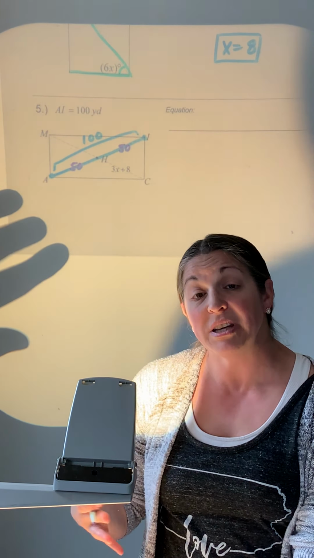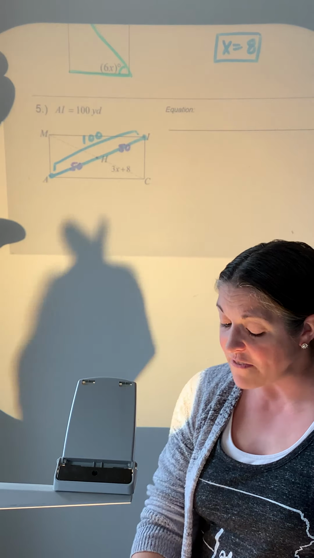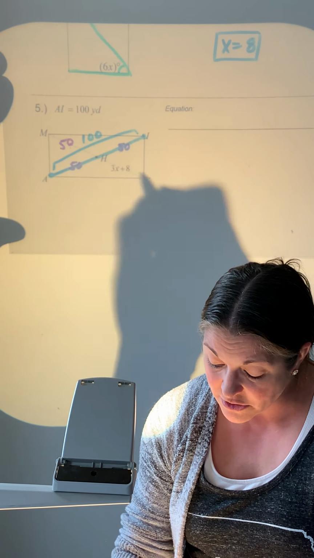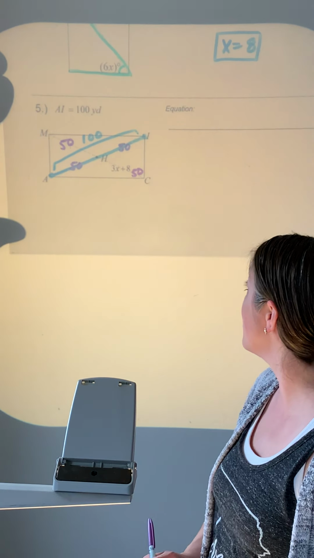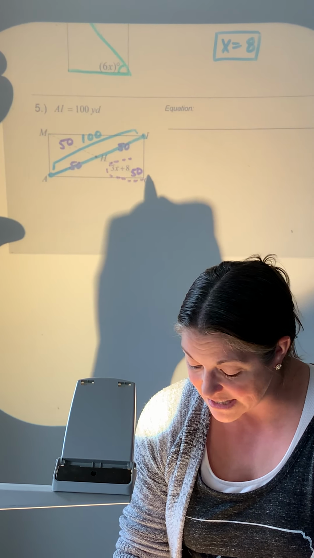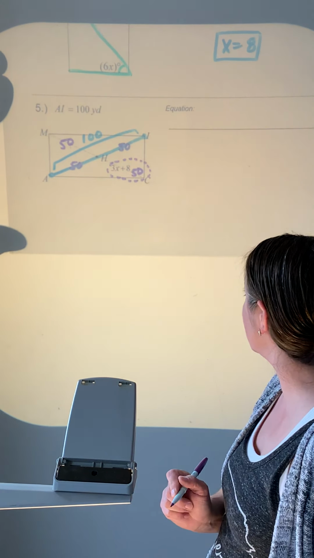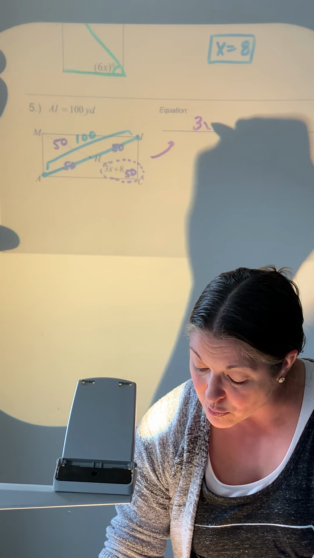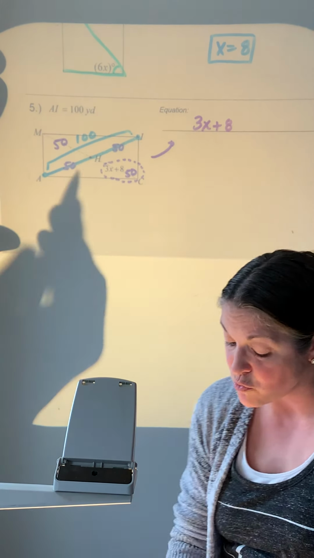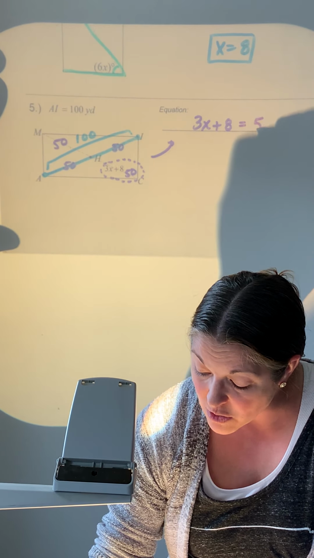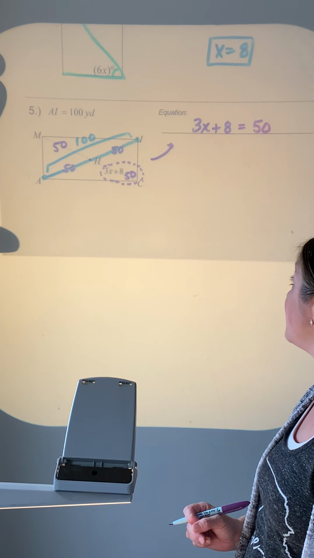Well, I also know because it's a rectangle that if I see a 50 in one part of a diagonal, there's a 50 in all the parts. So right here, and I apologize, that's not a 50-degree angle, it just looks like that. Basically, 3x plus 8, which represents the length from H to C, is definitely 50.